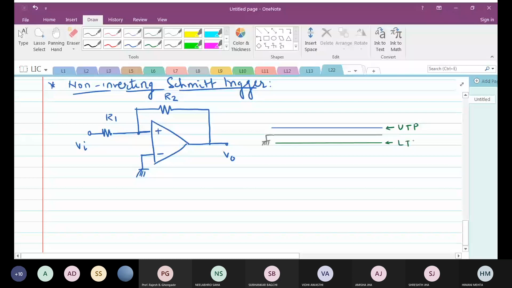Again, the input waveform is like this. So these are the points of concern.